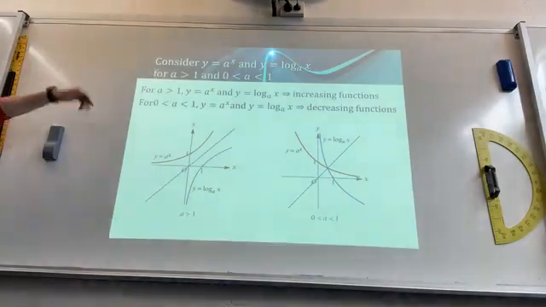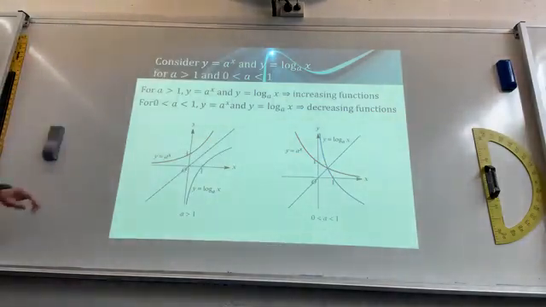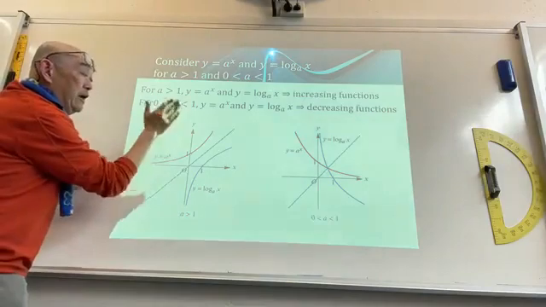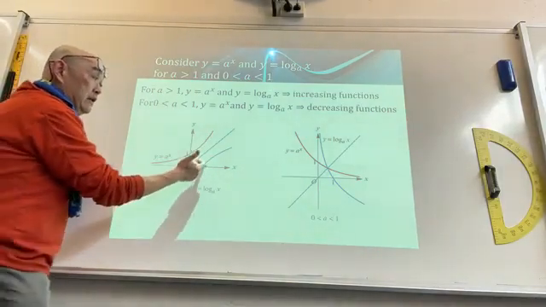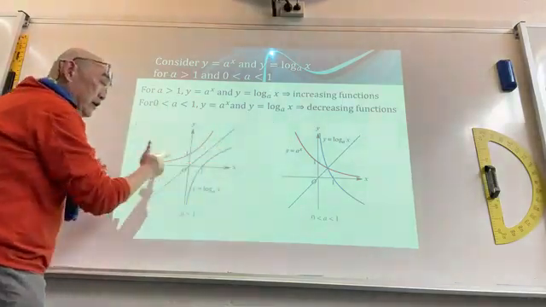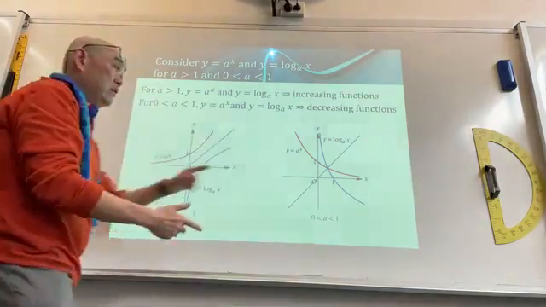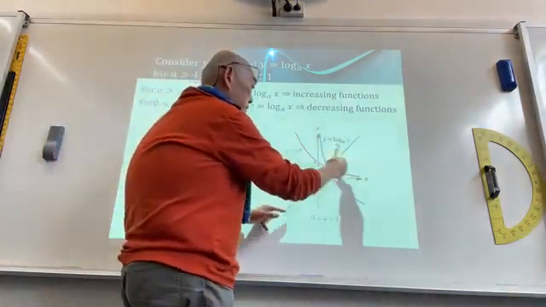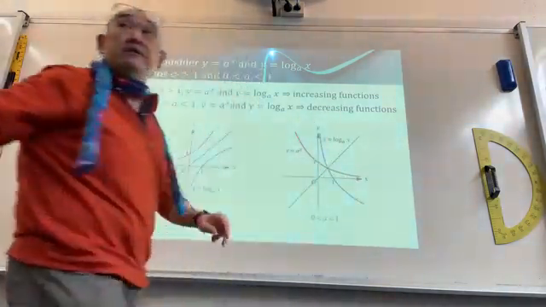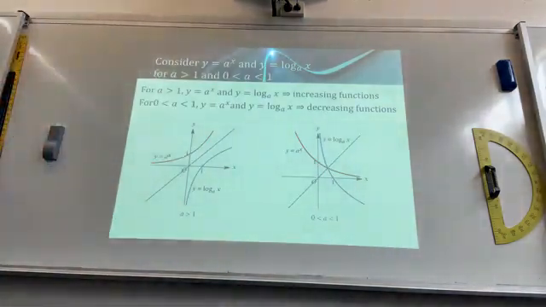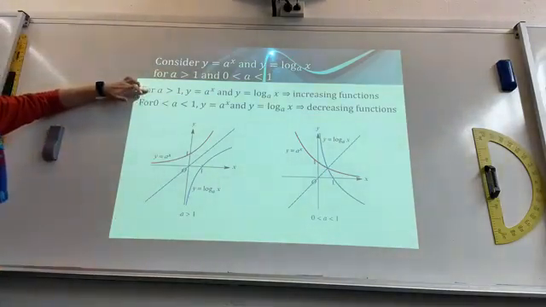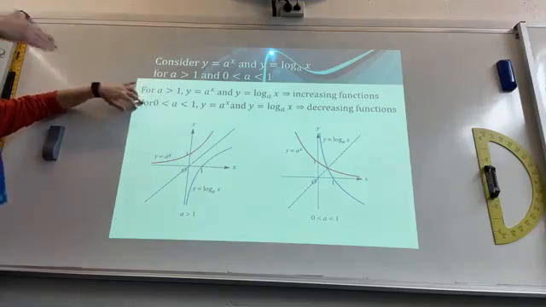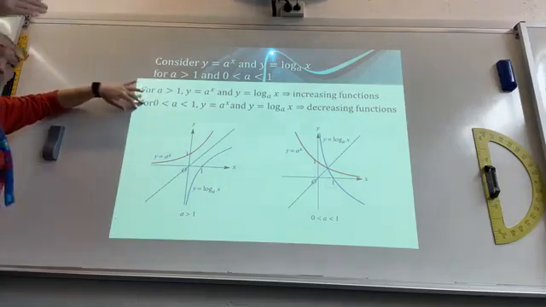If I take an inverse of y equals a^x, y equals log base a of x, this is an increasing function as well. Increasing function, increasing function. Reflected, this is a decreasing function, this is also a decreasing function. This is how you identify it. When you need to identify the graph, you need to remember these 2 cases: either a greater than 1 or between 0 and 1. It cannot be 0, it cannot be 1.